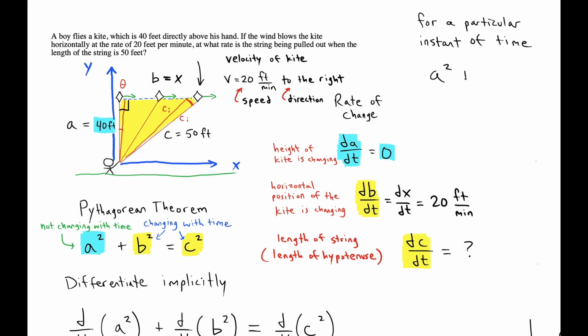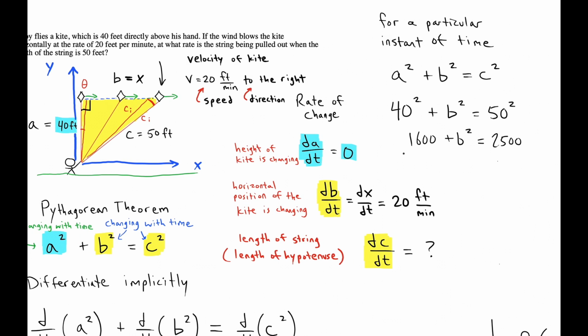So I'll do a squared plus b squared equals c squared. The time in question is when A is 40 and C is 50. We can now solve, take a square root.